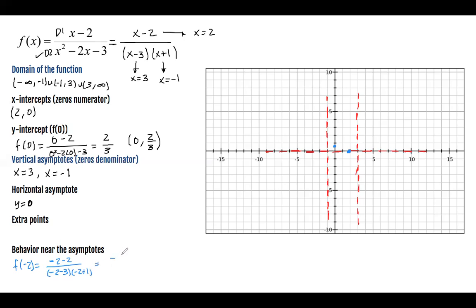So this is a minus 4. And down here, we're going to have a minus 5. And that minus 5 is going to multiply a minus 1. So we're going to get a -4 dividing a +5.